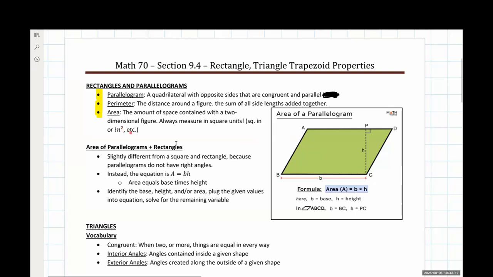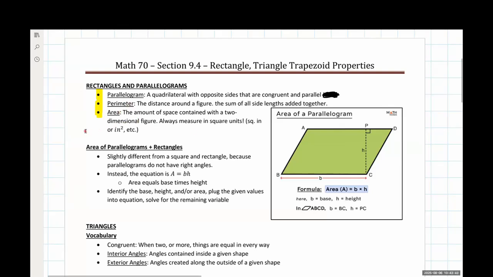All it does is denote that I'm working with a two-dimensional space versus the perimeter, which is a one-dimensional space. So the area takes the length and the height, or length and width, into account, versus the perimeter, which just takes a distance and adds that together. So those are the subtle differences between our perimeter and our area with our units.